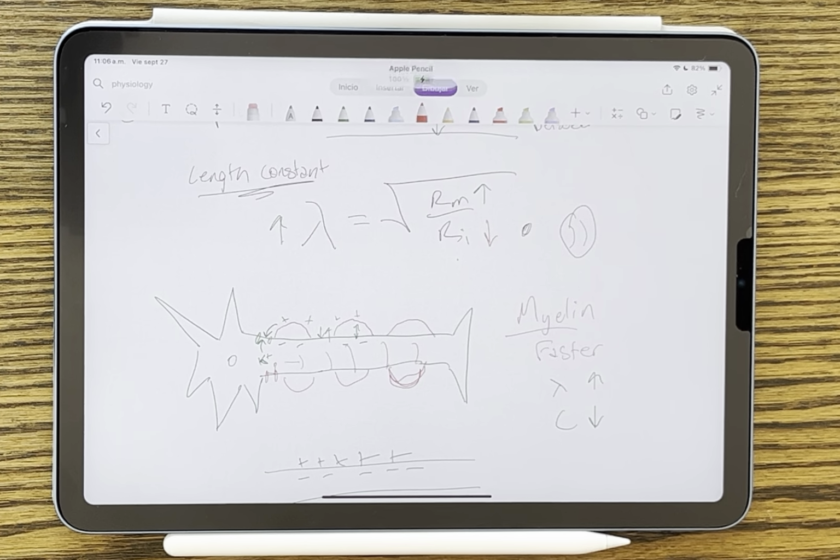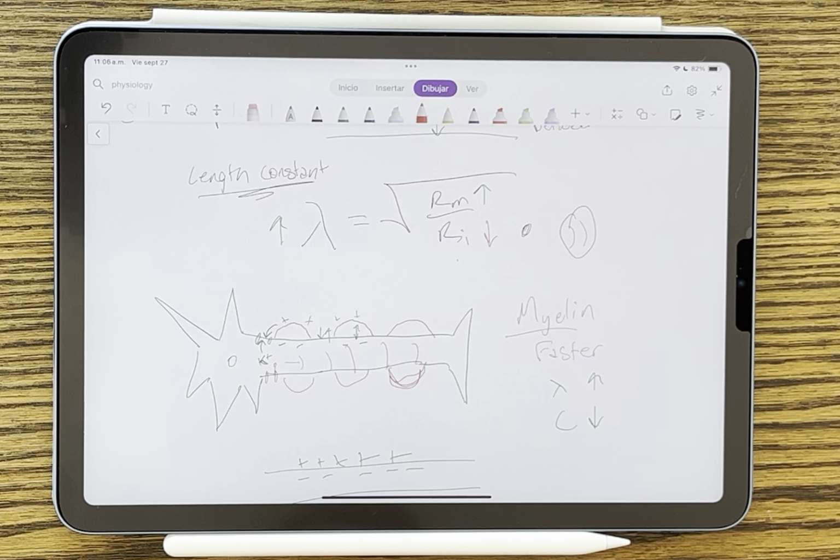So overall, I believe that's everything for resting membrane potential as well as action potential, right? We talked about the properties and characteristics that affect the resting membrane potential, the permeability and the concentration. We talked about conditions that make the resting membrane potential higher, right?